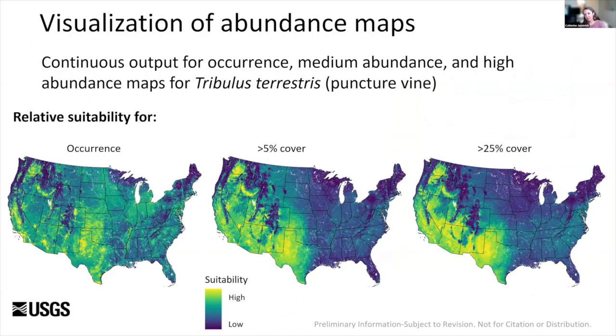We've had some stakeholder meetings to talk about how we would present this information. There will be 3 different options for maps that people can select for a single species: a map of suitability for occurrence, a map of suitability for greater than 5% cover, and a map of suitability for greater than 25% cover.